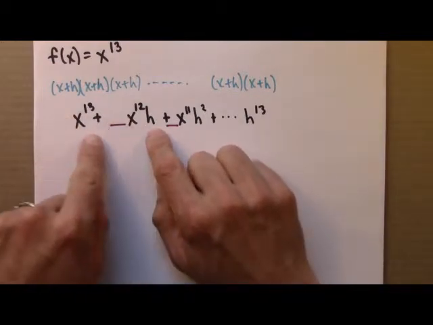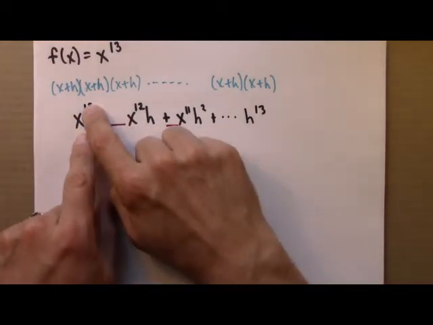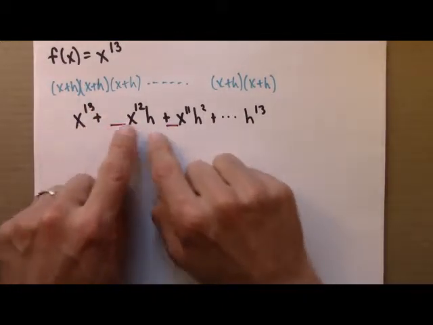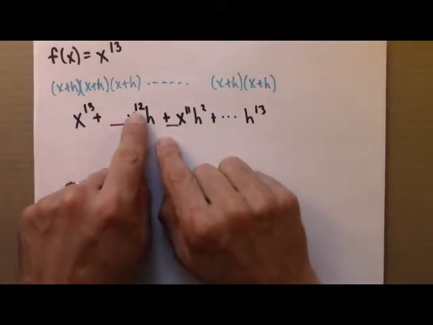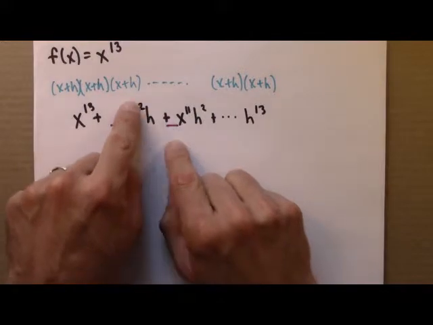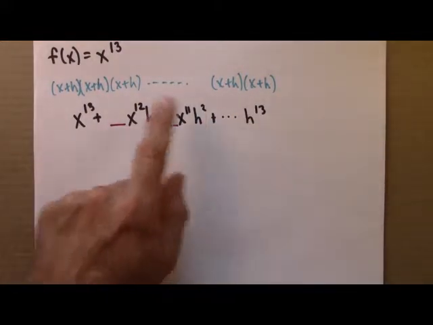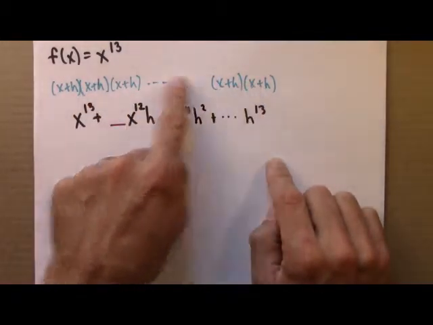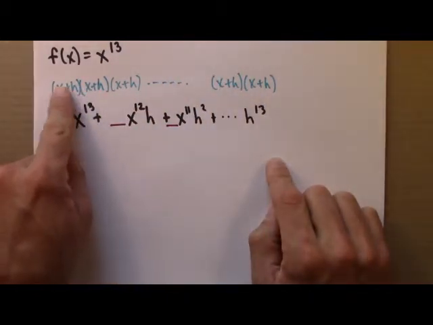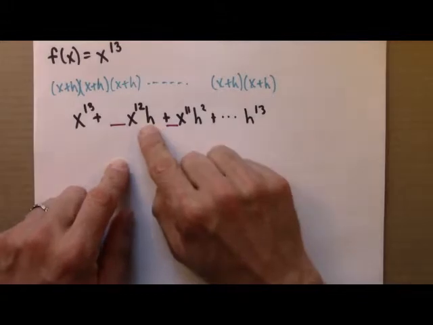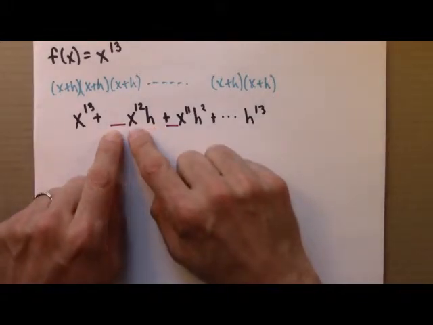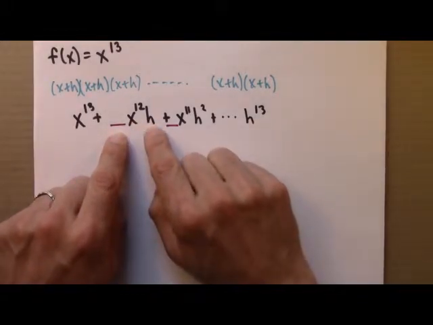Notice all of these have a 13th power, in the sense that this is x to the 12th h to the 1, so there are 13 letters here, 13 letters here. And it's because as we go through, we choose every time either x or h, and we have 13 choices to make. So how many different ways can we get x to the 12th h?